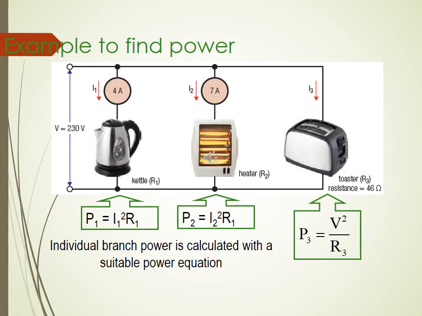For instance, the kettle there is 4 amps on 230 volts. The power could be calculated by I squared R, but it could also be calculated by volts times amps, so 4 times 230, whatever that is, just over 1,000 watts. So I'm a simple person, so power is equal to volts times amps to me, but there are many other formulas that can be used.